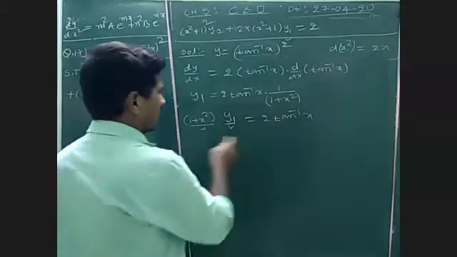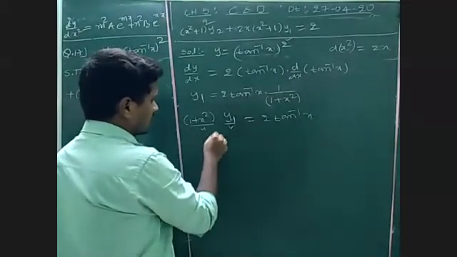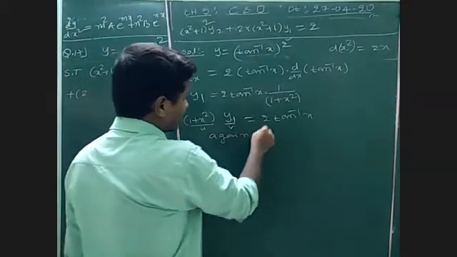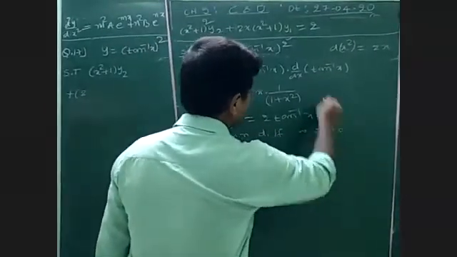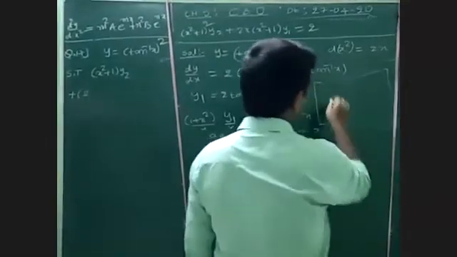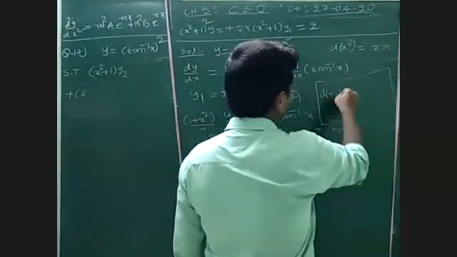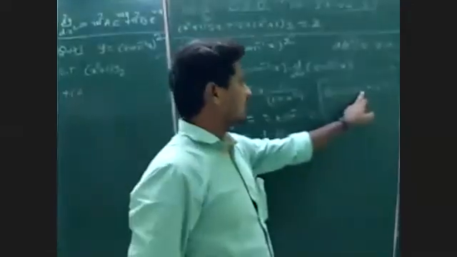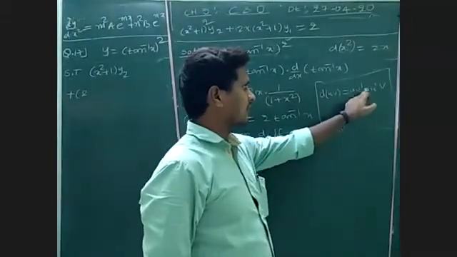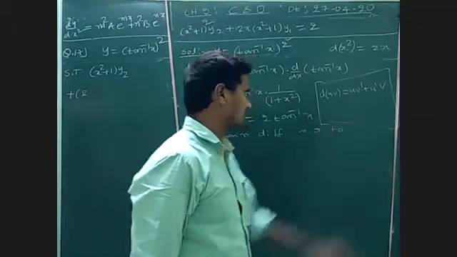So again differentiate with respect to x. Here you already know the product rule, d of uv is equal to u v dash plus v u dash, where v dash is dv by dx and u dash is du by dx.